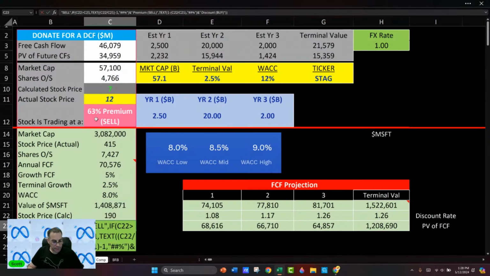Let me just update this. C22. I didn't prep for this, I'm doing it on the fly. C15. I'm just not going to do this because I have to keep playing with this formula.